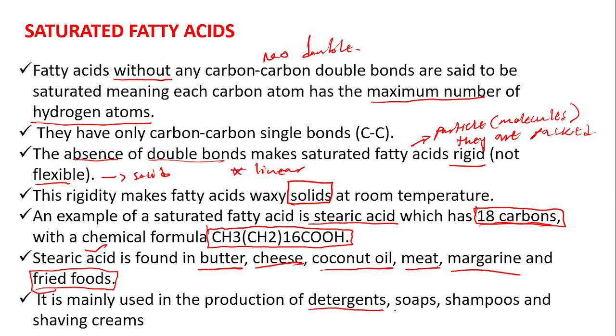Even things like soap, shampoos, and also shaving creams. For our colleagues who have reached puberty, I'm sure you are familiar with shaving creams. We have shaving sticks and shaving creams. All those just come from stearic acid, which is an example of a saturated fat acid.